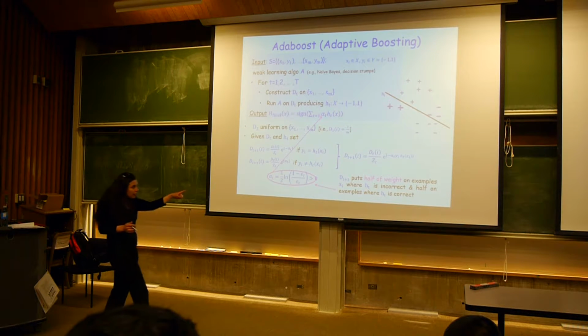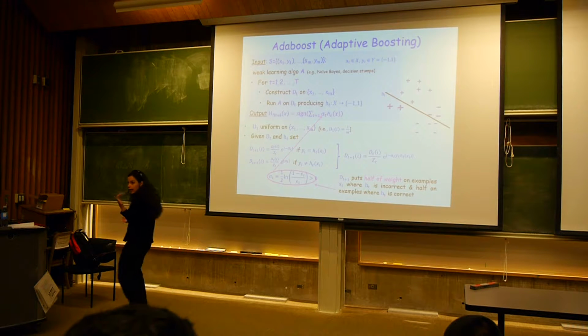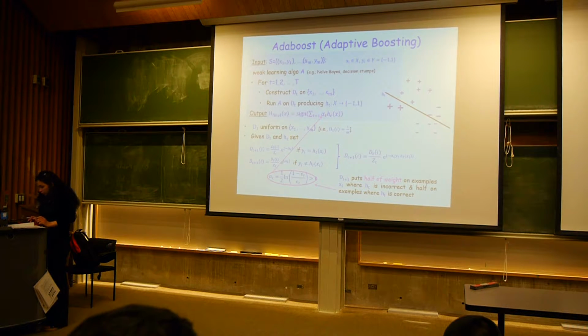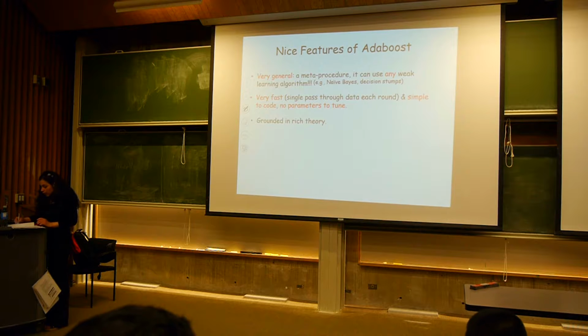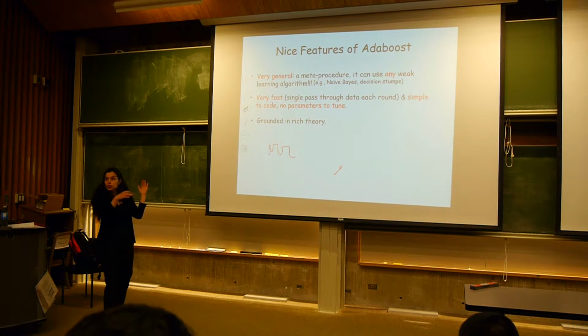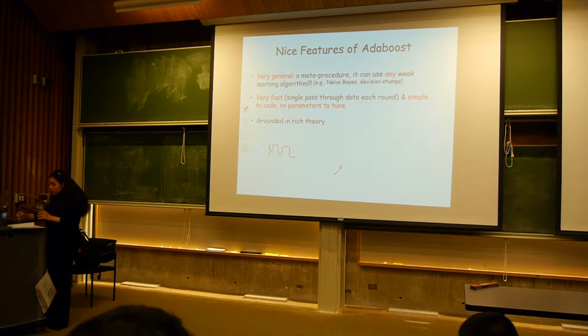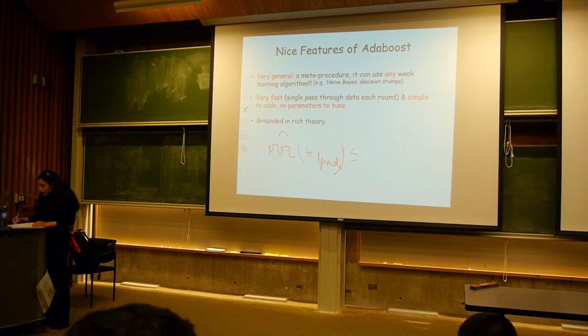Now, why did we put half and half? Well, when we went through the analysis, we noticed that the empirical error rate of the final classifier of AdaBoost is upper bounded by m times the product of the normalization factors.